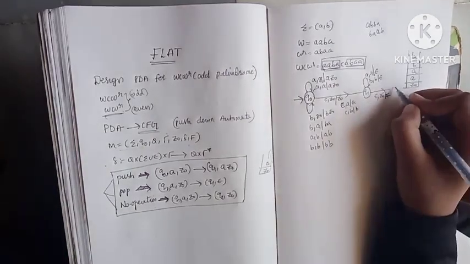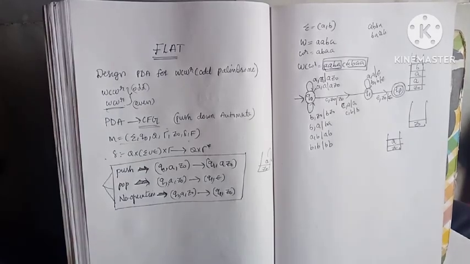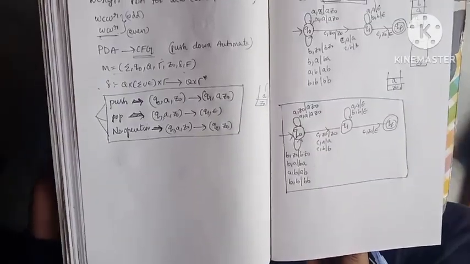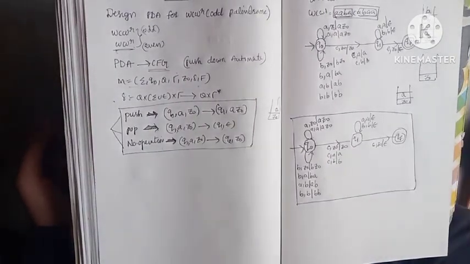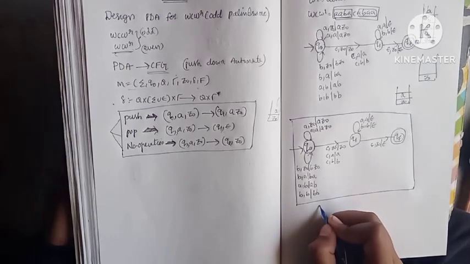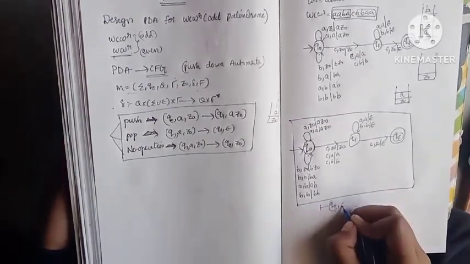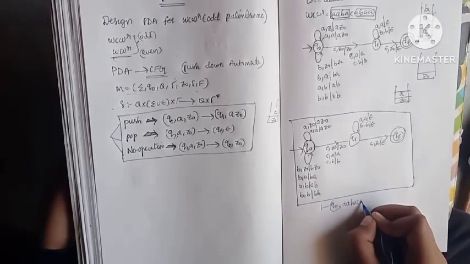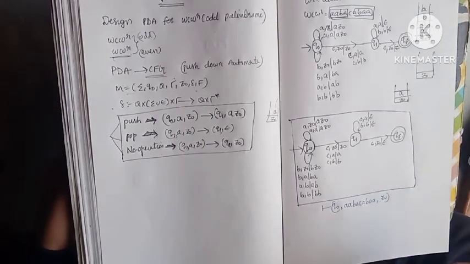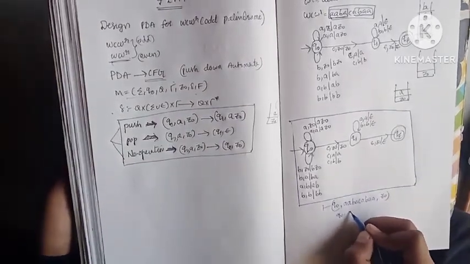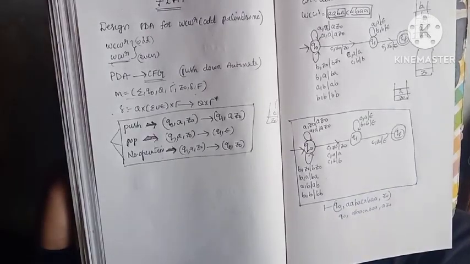Okay, this is how we design a PDA, and if you want to check whether our PDA is correct or not, we can simply apply the instantaneous description. So let us do it for the example that we have taken. Here q0 comma aabacabaa, and there is nothing in the stack, so it is Z0. First of all, we are pushing a into the stack. Now after that, another a is there, a will be pushed, then b will be pushed.